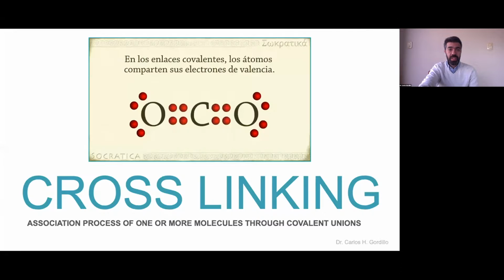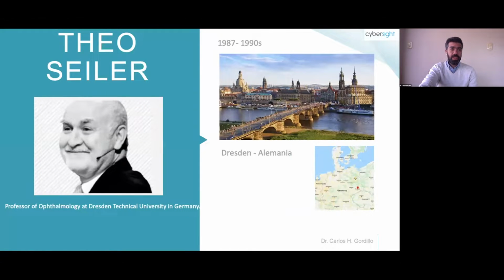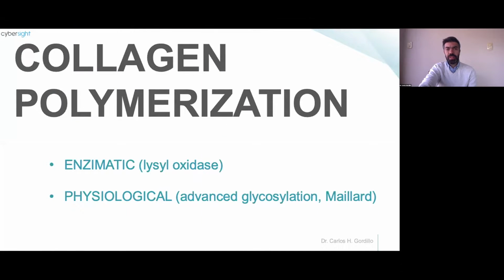So I'm going to tell you a few things about the cross-linking. What is it? It's an association process of one or more molecules through covalent unions. And some history: this doctor was Theo Thaler. He was a professor at the Dresden Technological University in Germany, and he described the process of cross-linking between 1987 and the 1990s. He described the collagen polymerization after he was at the dentist.